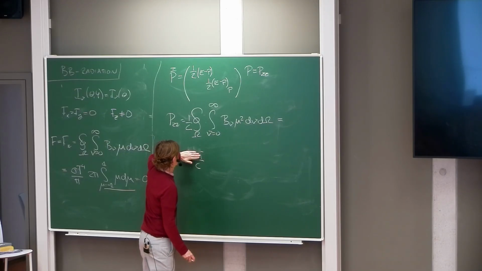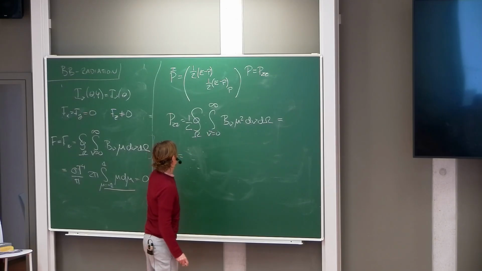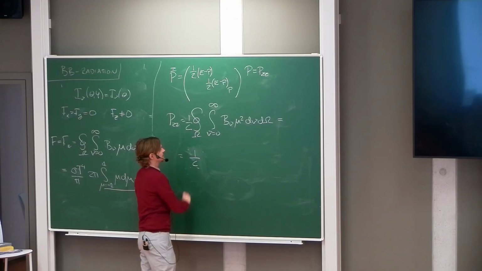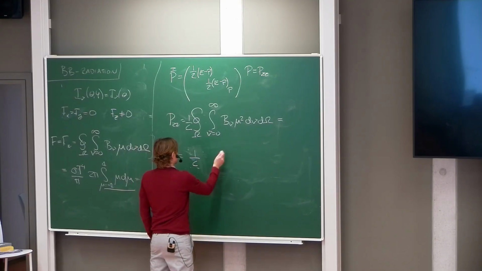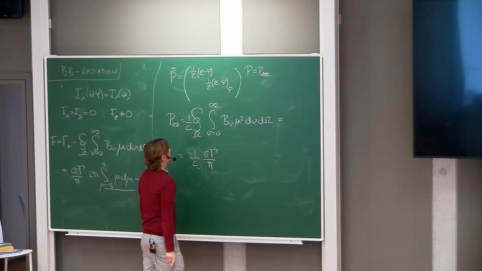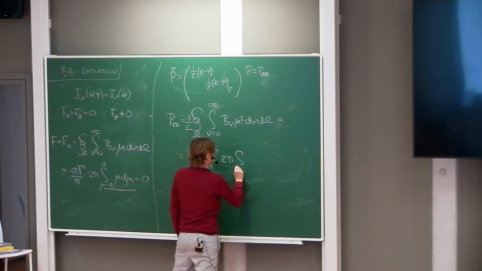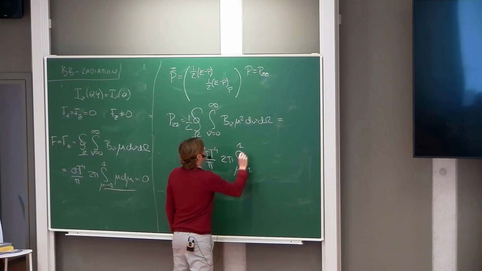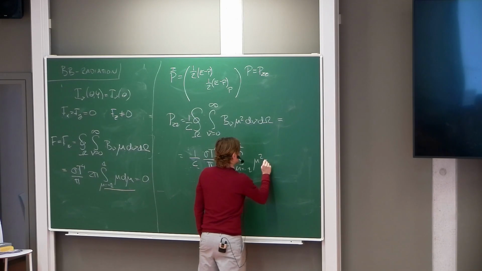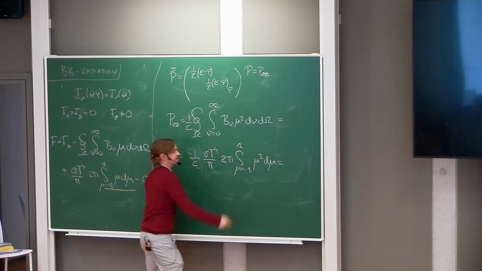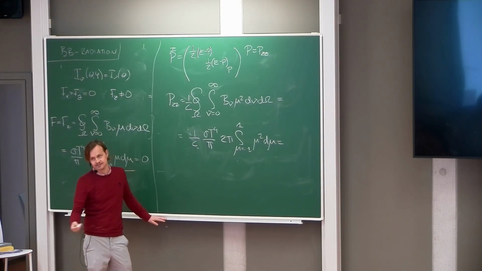No, apologize. First, this one. We have the 1/c. Sigma T^4 divided by pi. The 2 pi comes out from the phi integral, and then you have the integral of mu squared d mu from minus 1 to 1. Now, this is no longer an uneven integral.